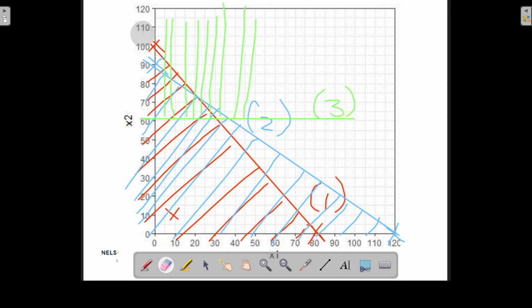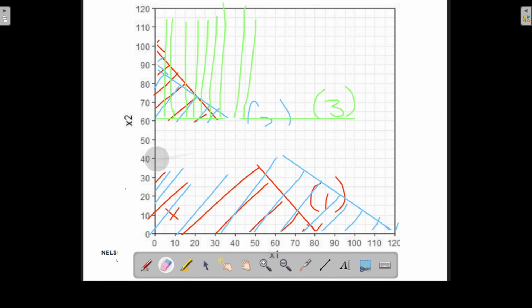Okay, of course, for the non-negativity, we know that x1 cannot be negative, x2 cannot be negative, and then we take out everything where we don't have the three colors intersecting. So we take out all of this.